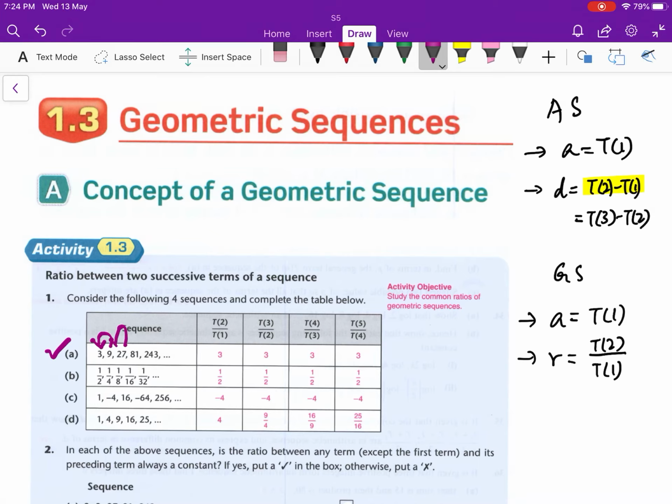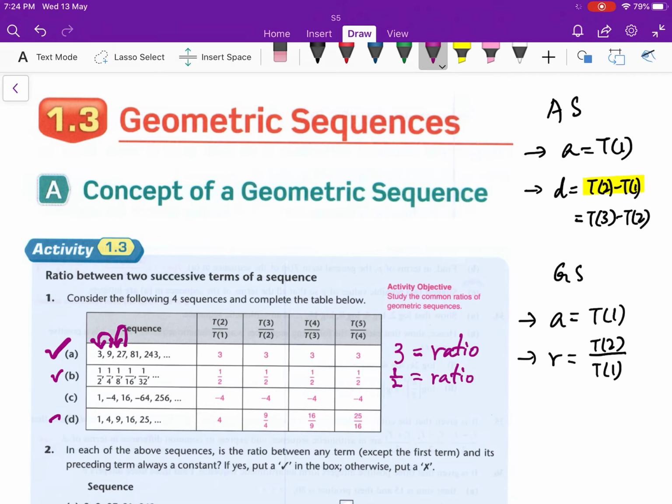All the answers are 3, okay? So this 3 is your R. We call it the common ratio. In section B, when you divide the next term by the previous, all of them are the same, 1/2. So 1/2 is the common ratio.